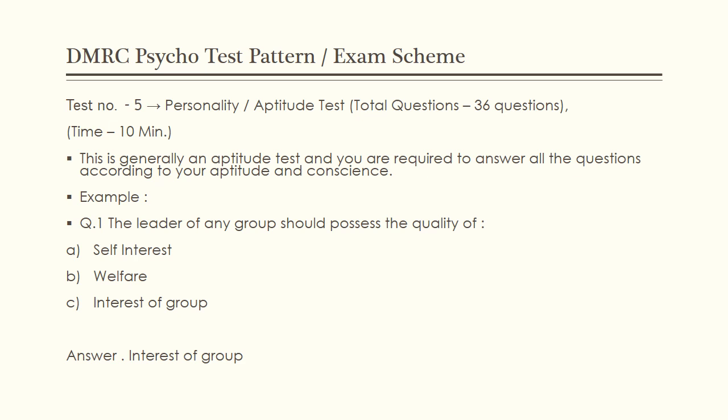Welfare to people is good, but you can't do welfare for everybody against the interest of the group. You have to keep the unity in the group, so the interest of the group is the right answer in this kind of question.